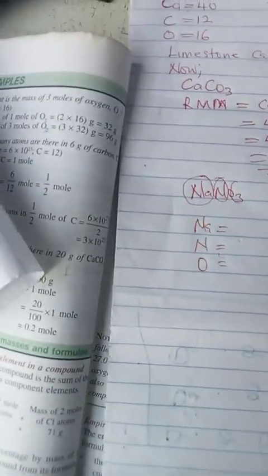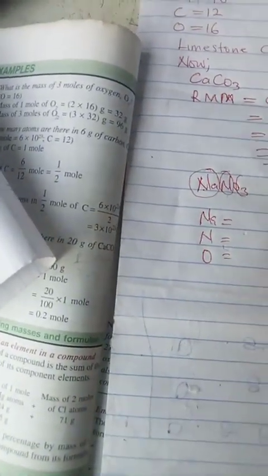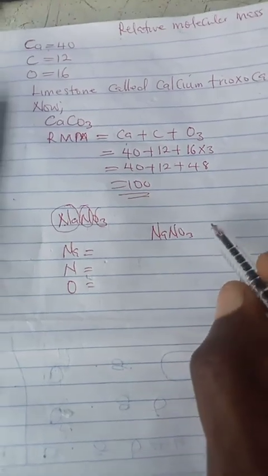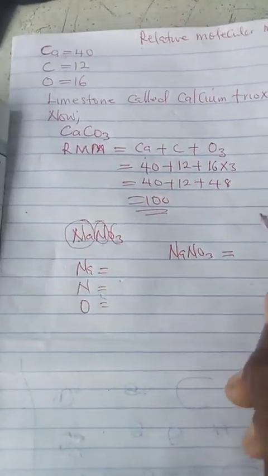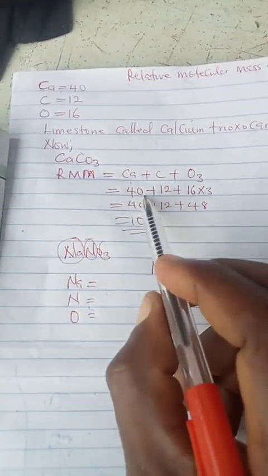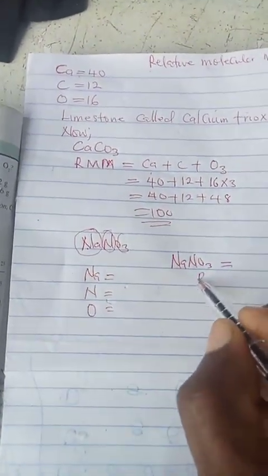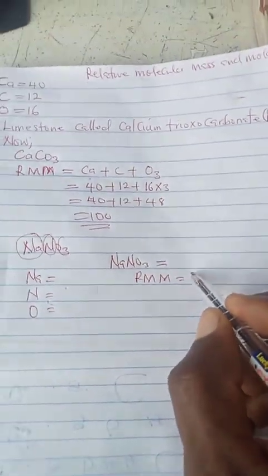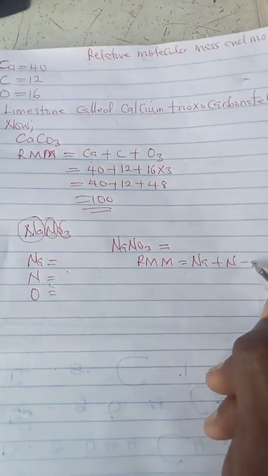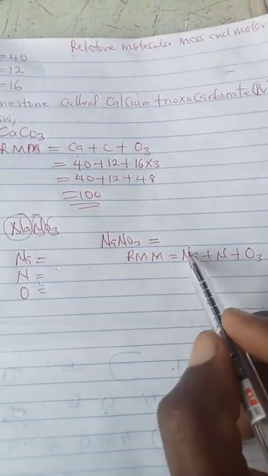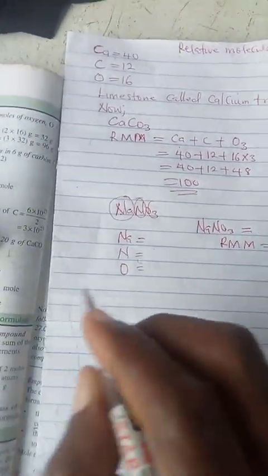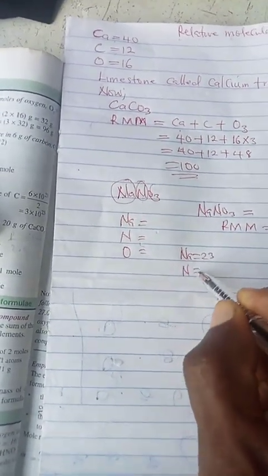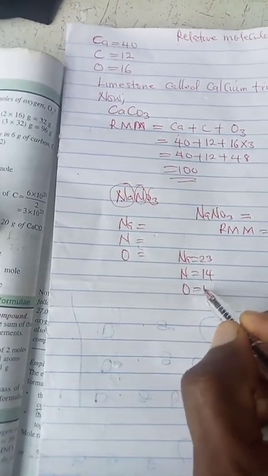So what are we going to do now? We will first of all check the relative molecular mass of sodium nitrate, by doing the same thing we did last time. So we'll say that relative molecular mass is equal to sodium plus nitrogen plus oxygen. The atomic mass of sodium is 23, nitrogen is 14, and oxygen is 16.